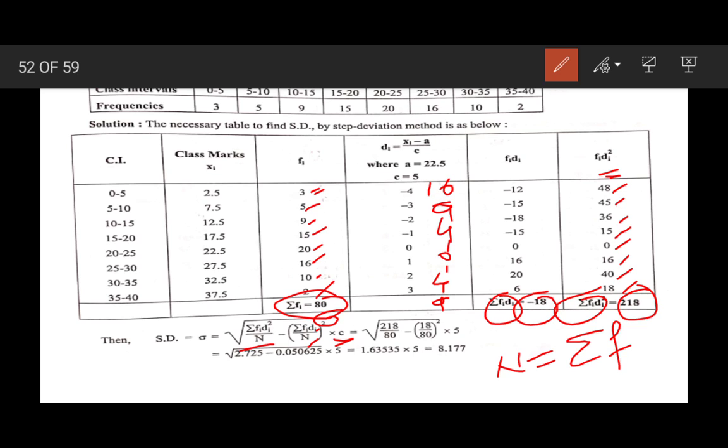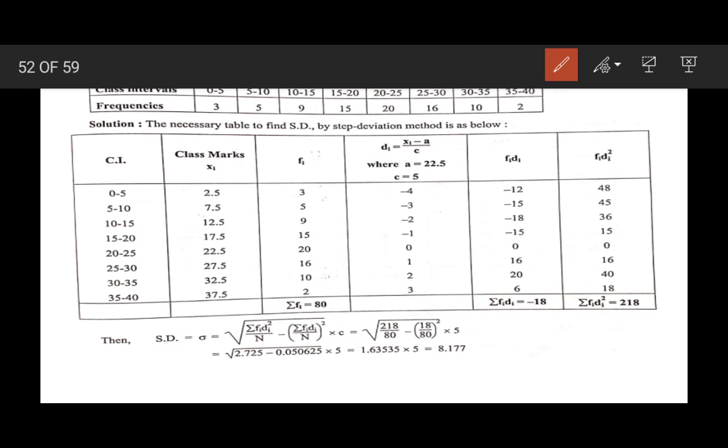So that is equal to under root of 218 upon 80 minus 18 upon 80 whole square, into 5. So that is equal to under root of 2.725 minus 0.050625, into 5. So that is equal to 8.177. Okay.